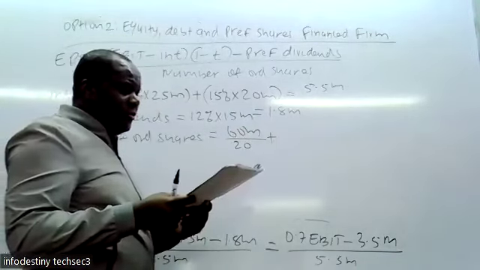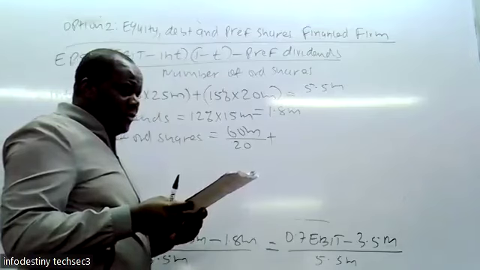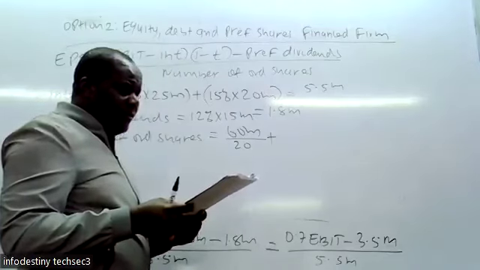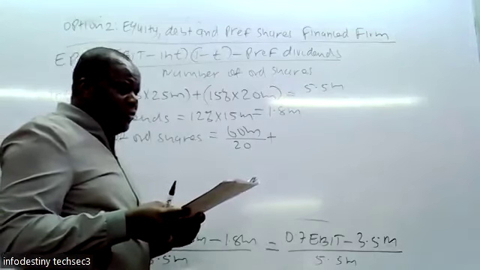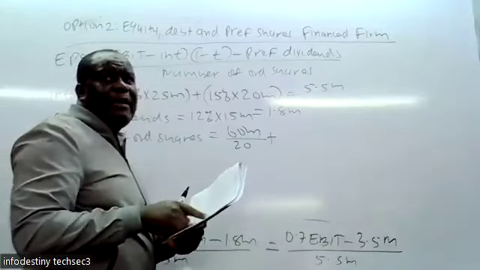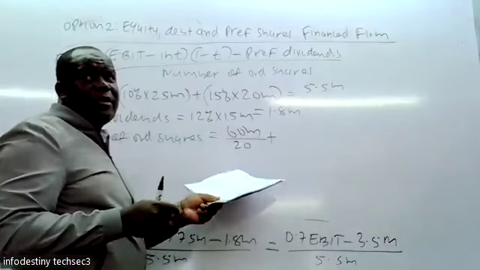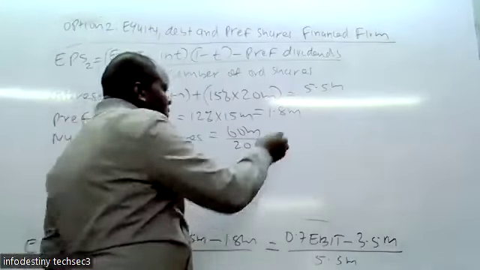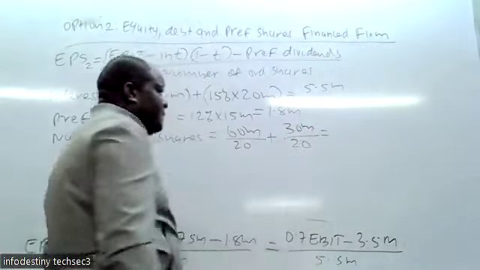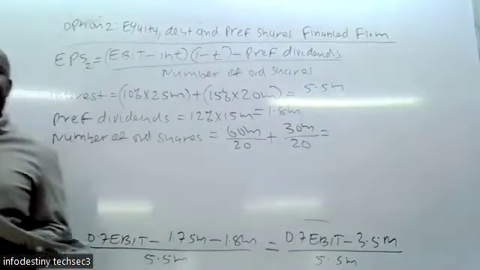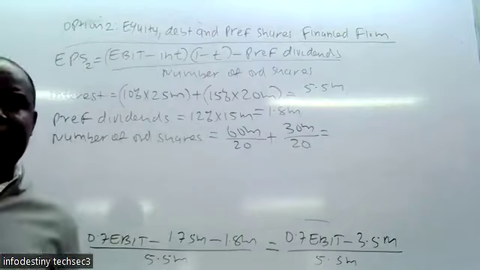Are you able to see option 2? But they are issued at what price? Just confirm: issue new ordinary shares at par. So the par value is 20 shillings. Remember the figure. So take 30 million, also divide by 20.